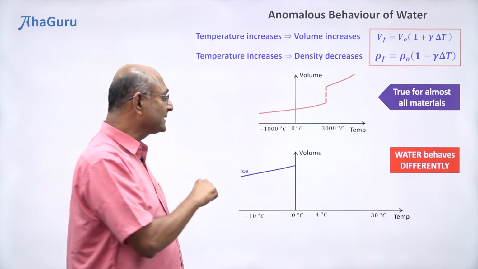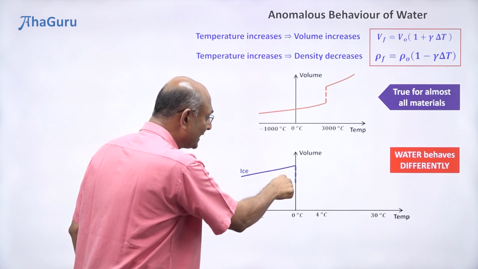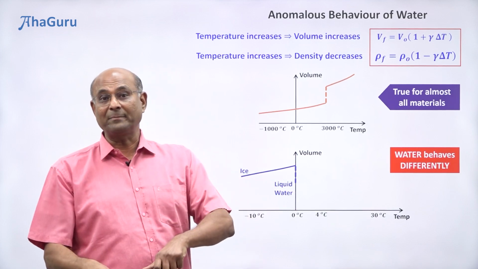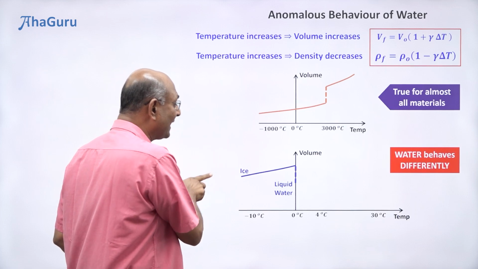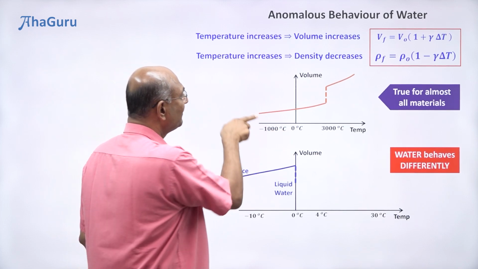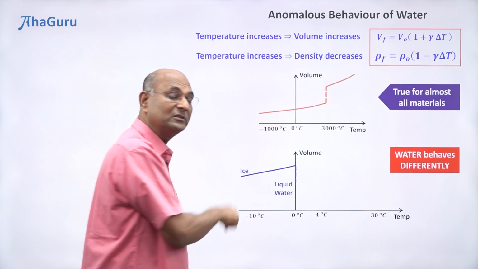But when ice melts, its volume decreases. Liquid water is denser. Its volume is lesser. Volume is lesser means density is more. So liquid water is denser than ice. So notice this was going up, but that has come down. Whereas here, when it melts, it goes up. Here, when it melts, it goes down.